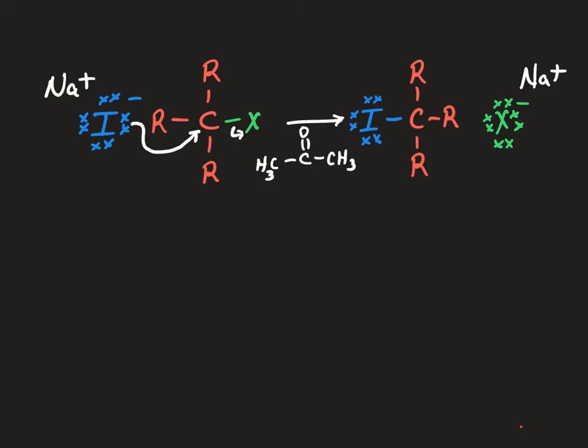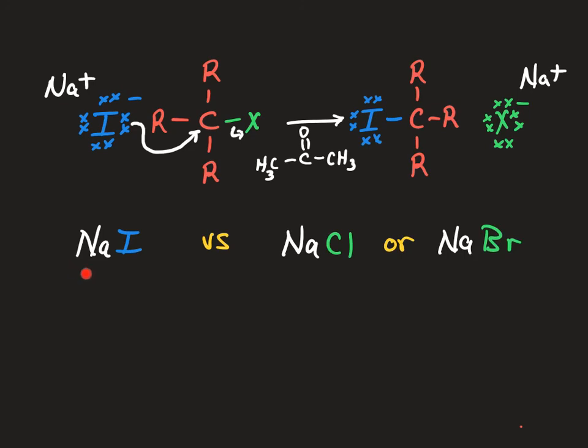Now there's another feature here. If we look at sodium iodide versus sodium chloride or sodium bromide, that is our reactant sodium halide versus our potential product sodium halides. The iodide ion is much bigger than the chloride ion or the bromide ion. So the ionic attraction between sodium ions and iodide ions is weaker than the interaction between sodium and chloride ions or sodium and bromide ions.